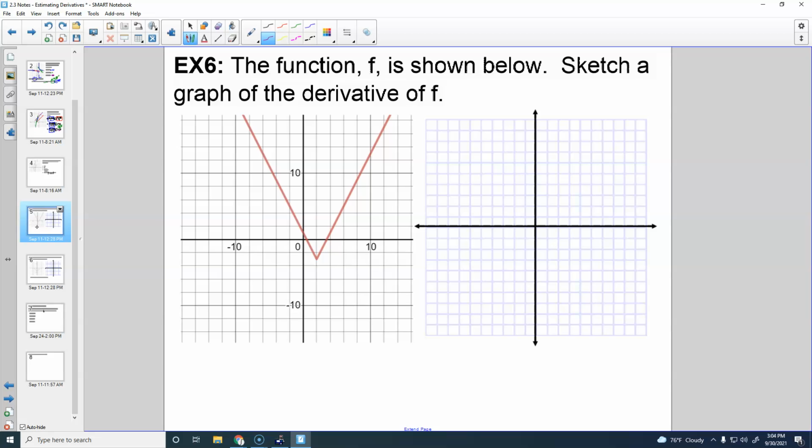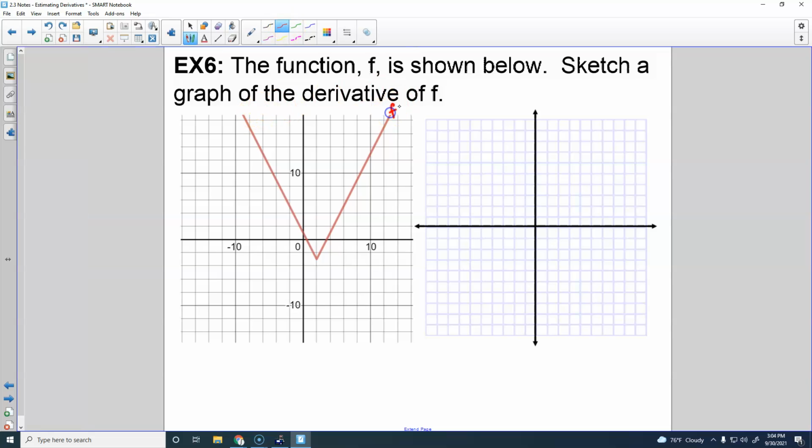Alright, we got, this is f. This is the function f right here. We've got to sketch f prime.